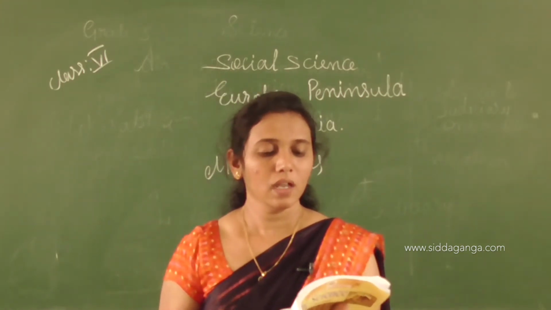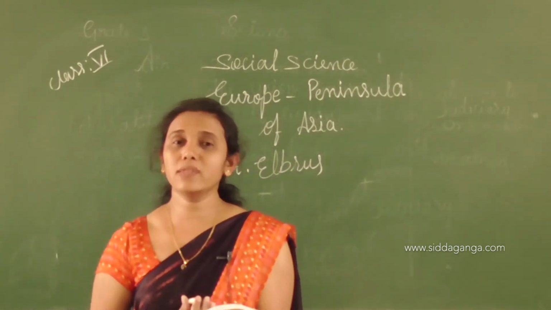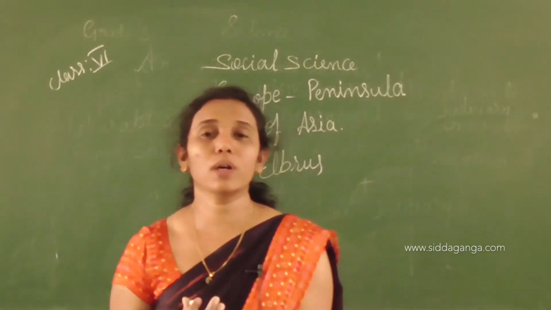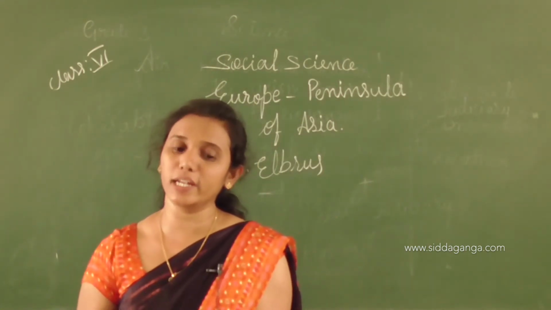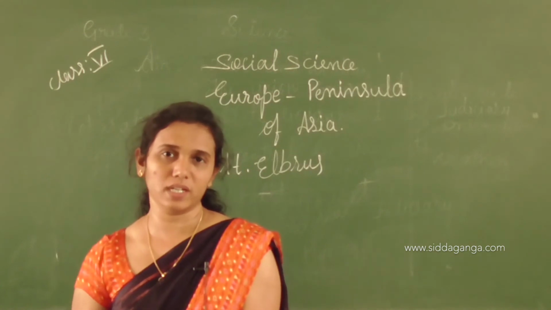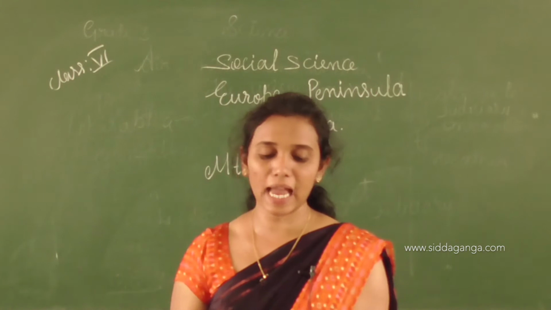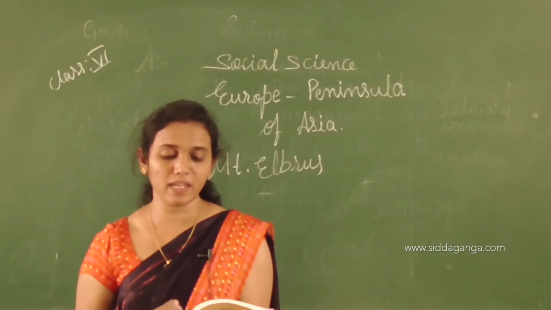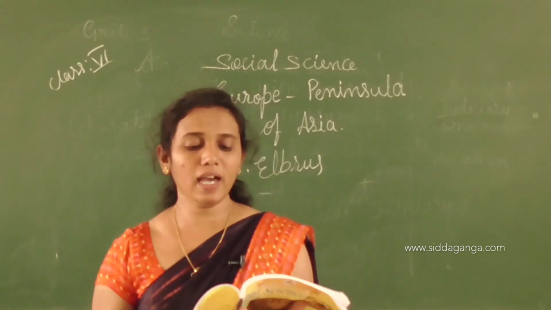Now, physiographic divisions. On the basis of topography, the continent of Europe is generally divided into four major divisions, children. Which are these? They are the Northwest Highlands, the North European Plains, the Central Uplands, the Southern Mountains. Okay, the Northwest Highlands.